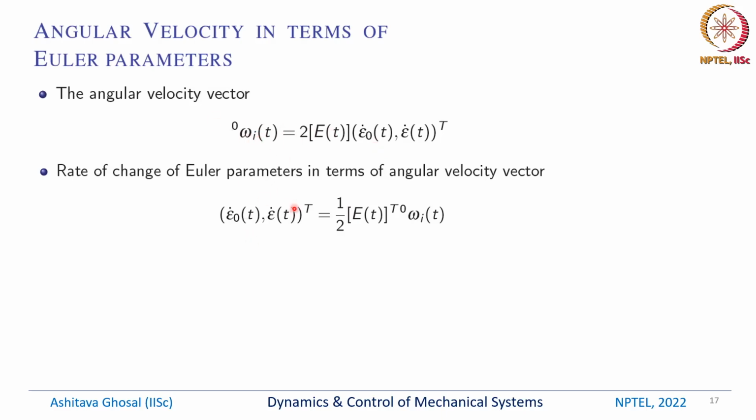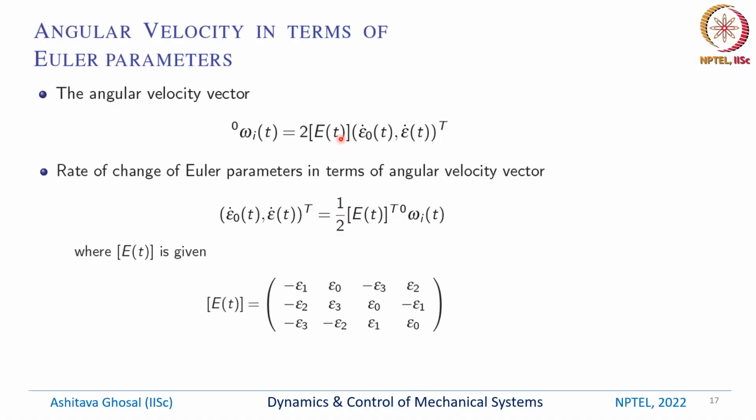So these two expressions tell you that if I give you the rate of change of the Euler parameters, I can find the angular velocity. If you give me the angular velocity, I can find the rate of change of the Euler parameters. Okay, so there is no inverse going on because this E matrix is a 3 by 4 matrix.